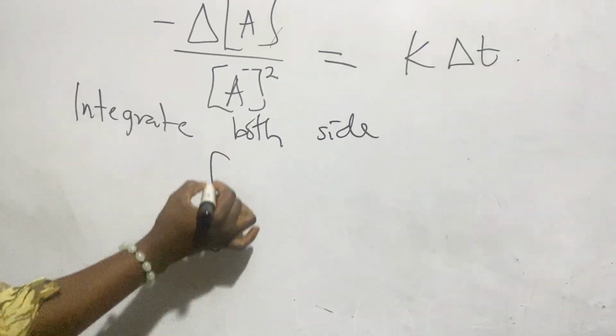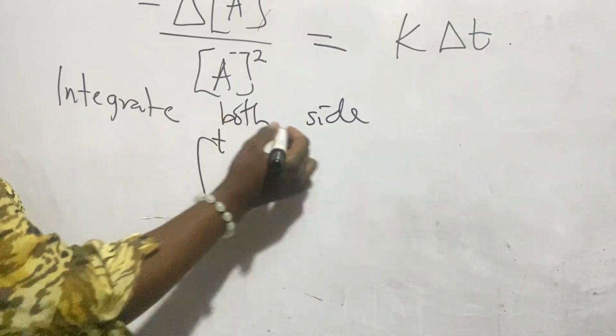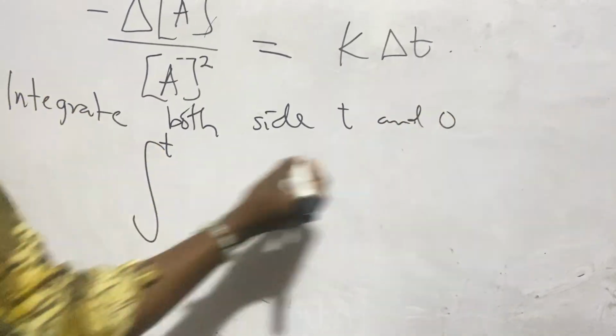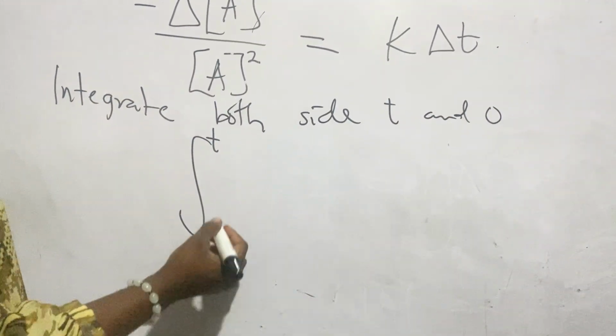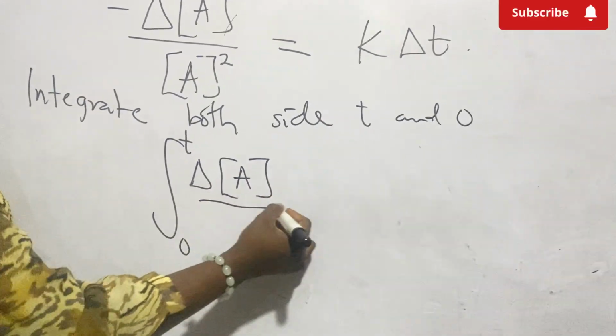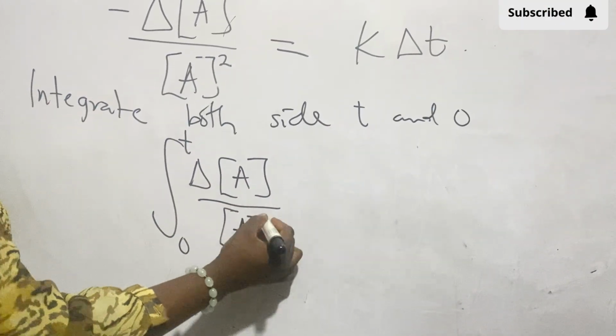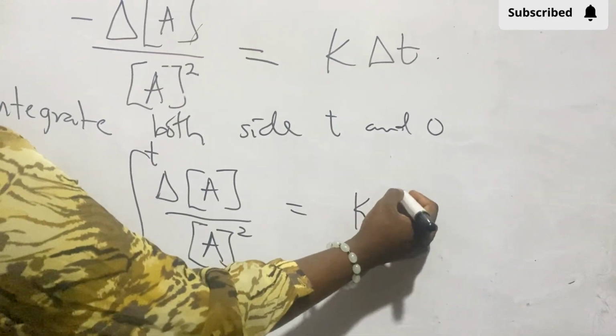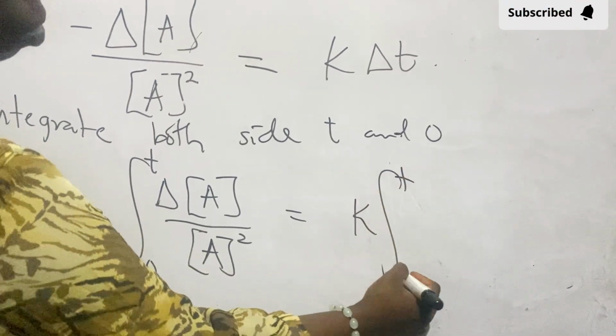So we integrate both sides at what? Time t and what? Time 0. So it becomes time t to 0. Change in the concentration of A over A square, which is equal to what? K change in time.